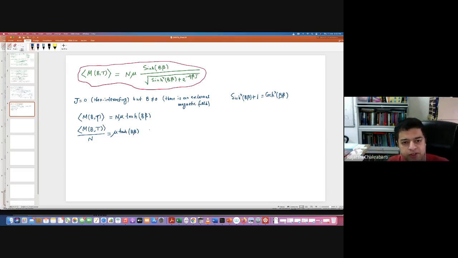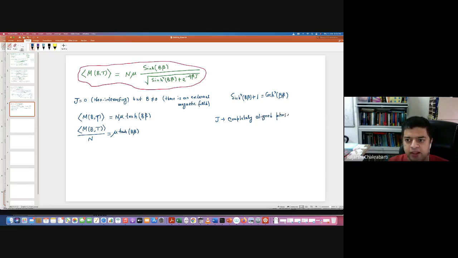So actually, we can see this J. This is the coupling, no? What does it do? It actually leads to aligned phase, isn't it?